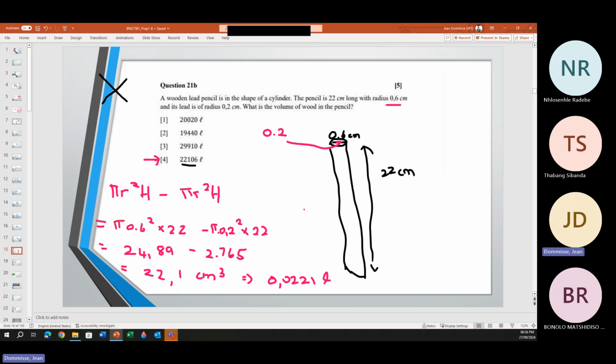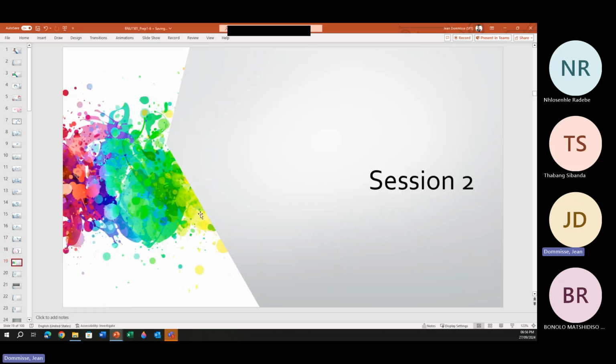So that is a bit of measurement principles that we're applying, but also how to subtract the one from the other to get what is left.